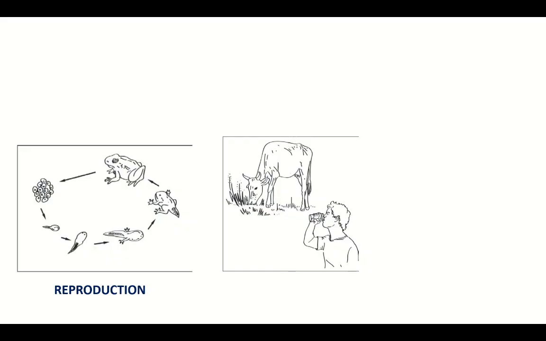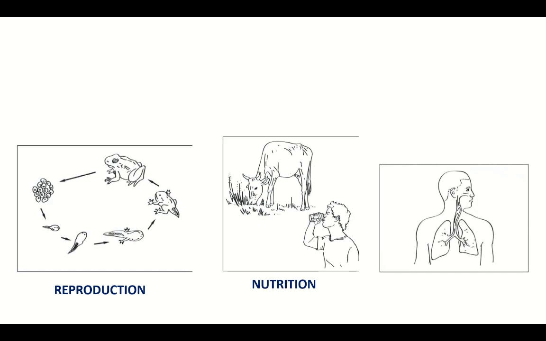In this image, we can identify another characteristic, which is reproduction. In this picture, we can easily identify that it is a characteristic of nutrition. And in the last image, we can identify another characteristic of living organisms, and that is respiration.